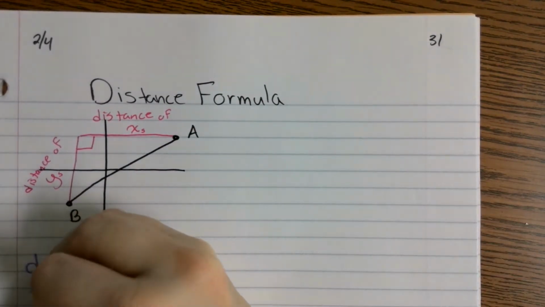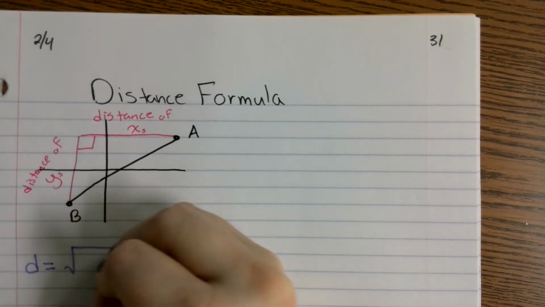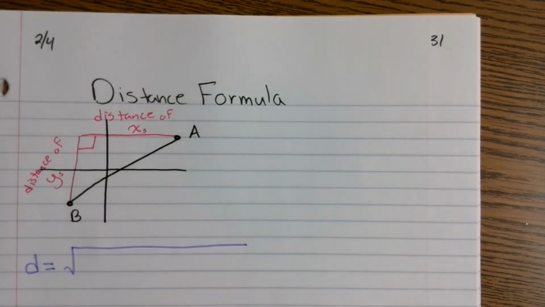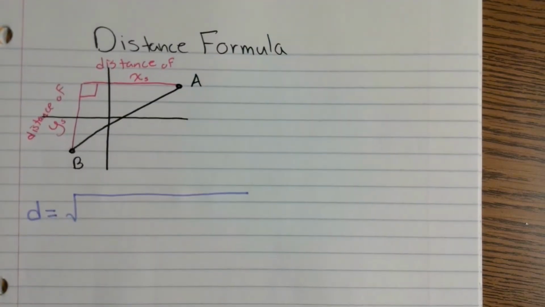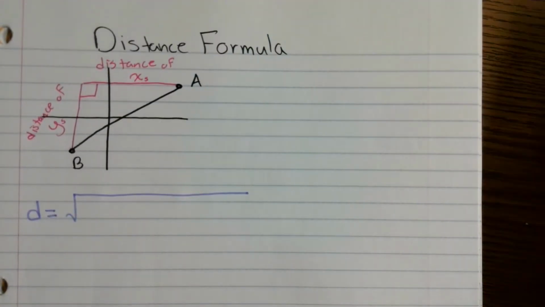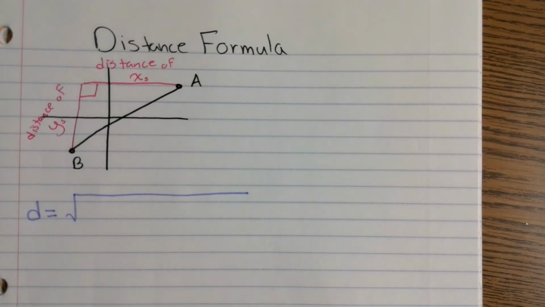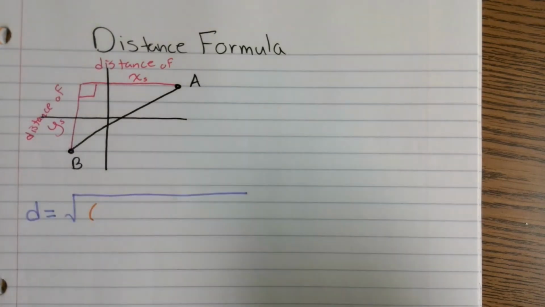Your distance formula, it follows suit with what our Pythagorean theorem is, right? Again, like I said before, you have to take the difference between your y's. Now, we call one of those points a y1 and a y2.